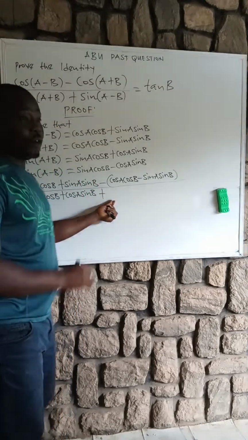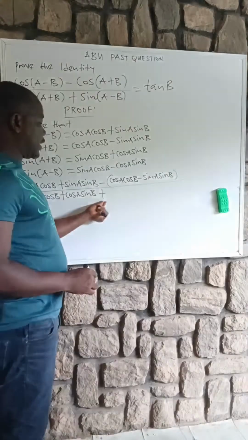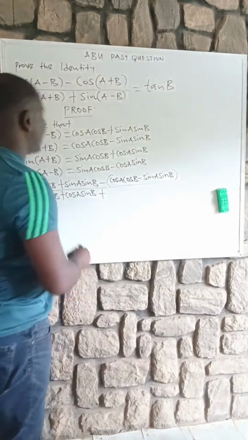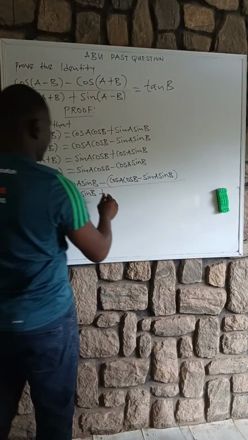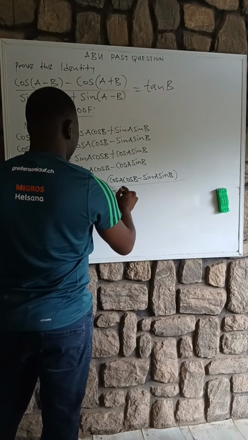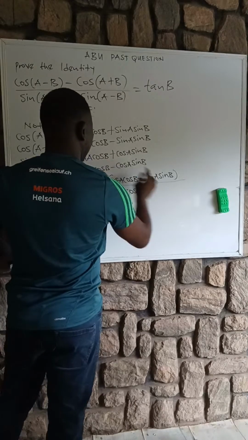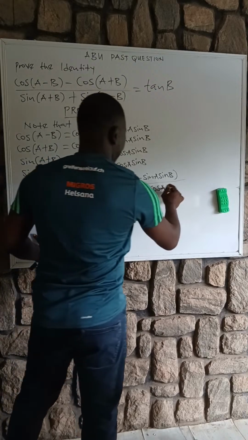Is there any need for the bracket? No, because it's positive; except there is a negative sign here, so there is no need. So sine(A minus B) gives us sine A cos B, then minus cos A sine B.